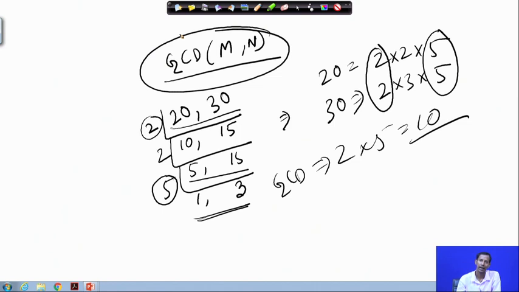So, for that I need to follow the modified Euler's algorithm.